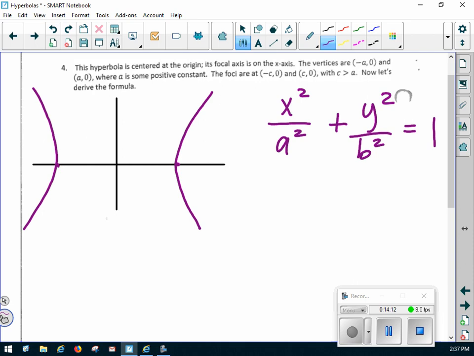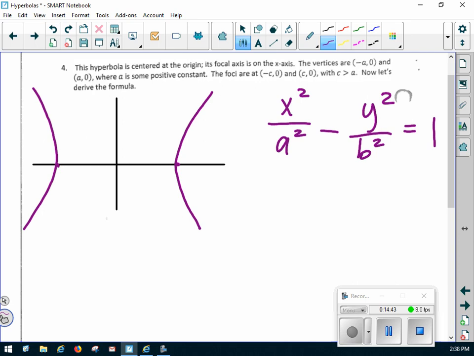In a hyperbola, it's this. You find the center in the same way you found the center on an ellipse. You're going to do your A, B, and C using A squared plus B squared equals C squared.